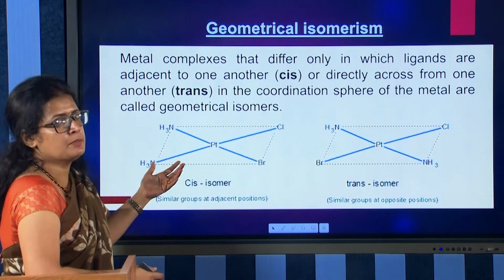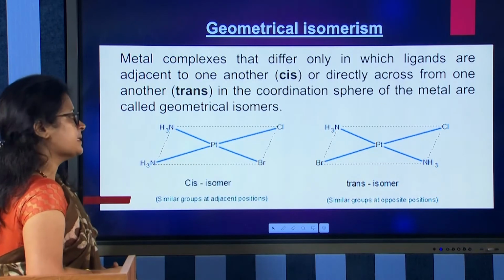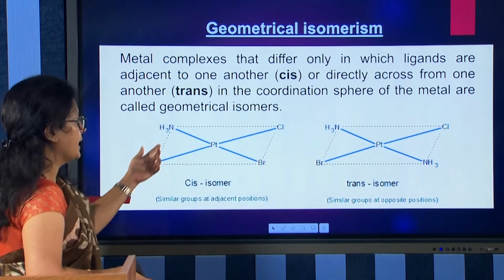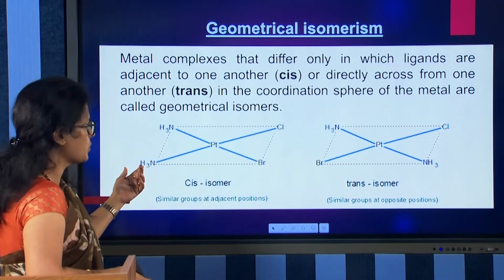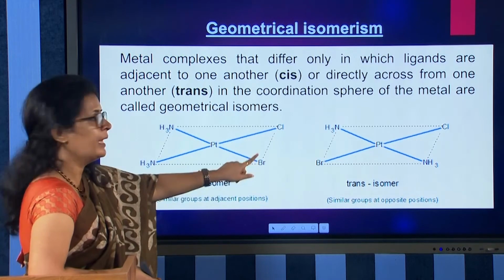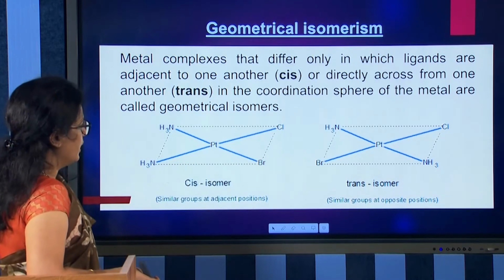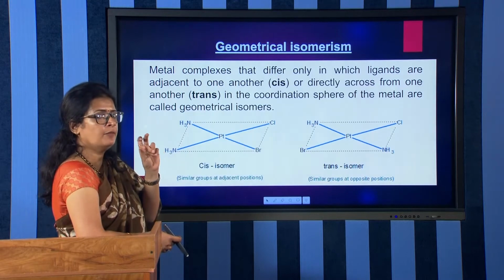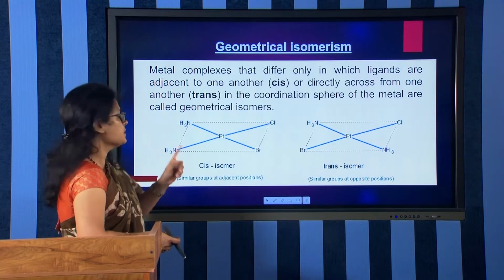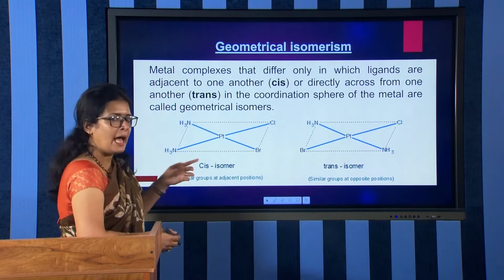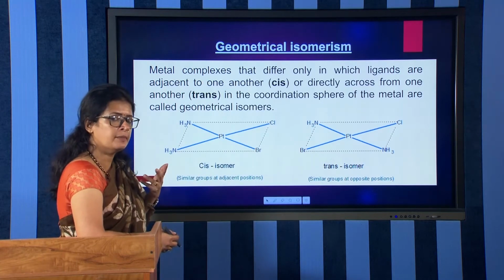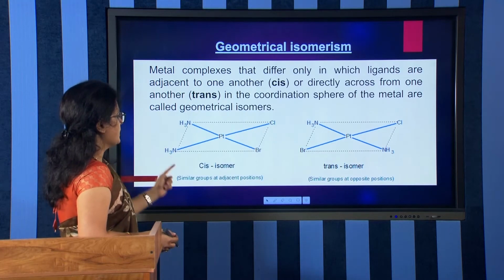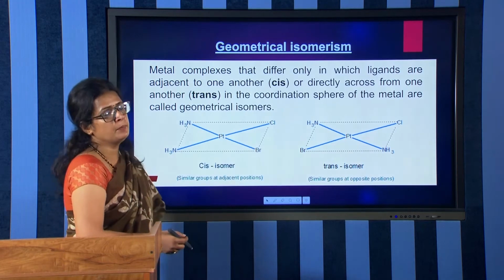An example is a square planar platinum complex given here. You can see the 2 ammonia molecules are in adjacent positions, and you have 1 bromide and 1 chloride ion. If identical ligands are on the same side, it is a cis isomer. As in organic chemistry, the same is the situation here also. This is the cis isomer, with similar groups at adjacent positions.